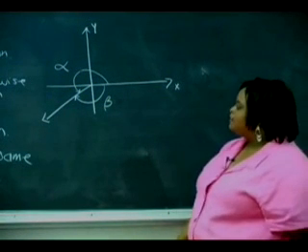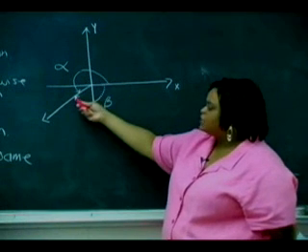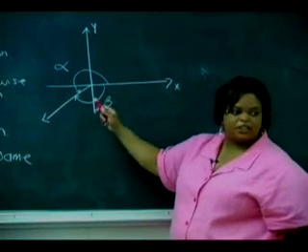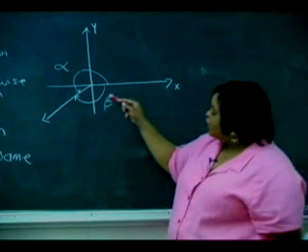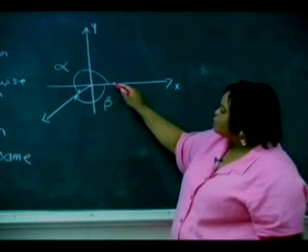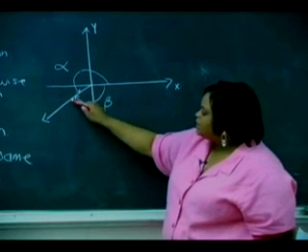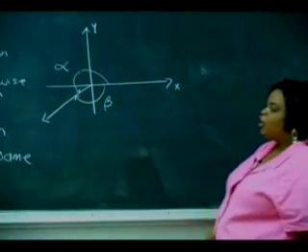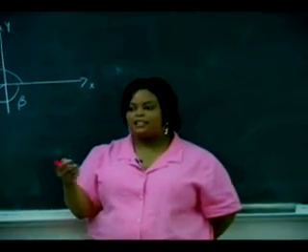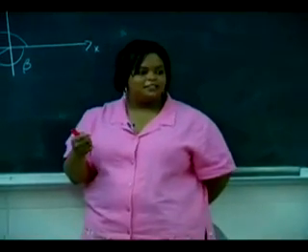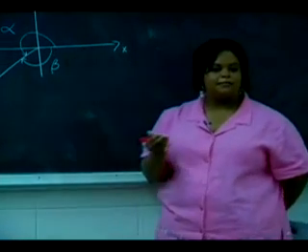So in essence, this initial side here goes to this terminal side in a counterclockwise fashion, forming our angle alpha. Here we go from this initial side, which is the positive x-axis, in a clockwise rotation to get to this angle beta. They are coterminal because they have what? You can talk back to me. They have what? The same initial and terminal sides.